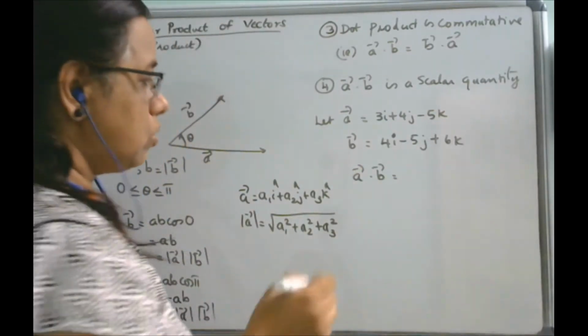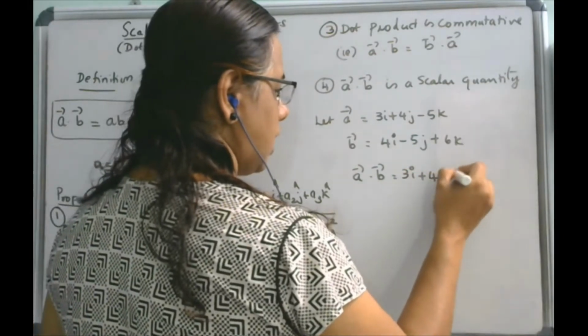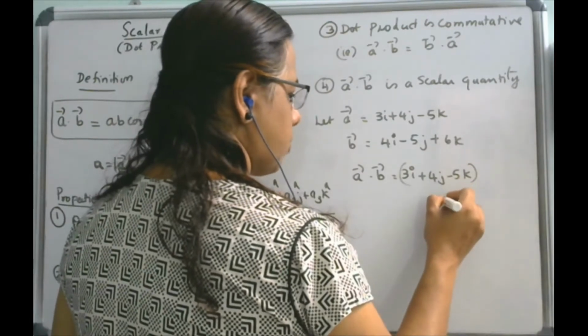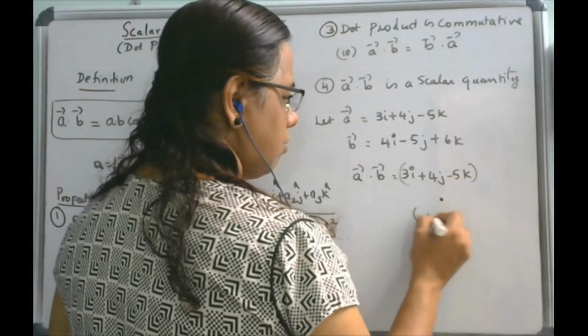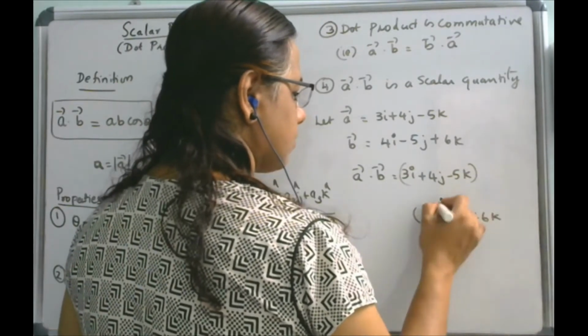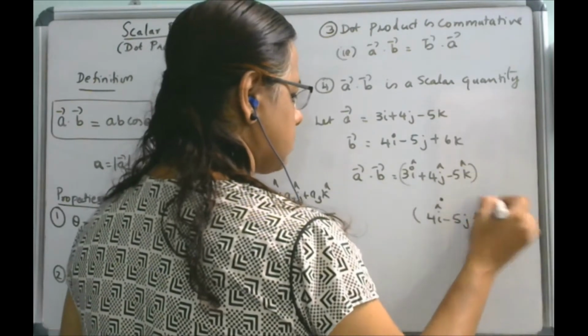So this will be written as 3i plus 4j minus 5k, taken with the dot product. This dot I am putting in the middle, 4i minus 5j plus 6k. All these will be given the cap sign because these are the unit vectors i, j and k.